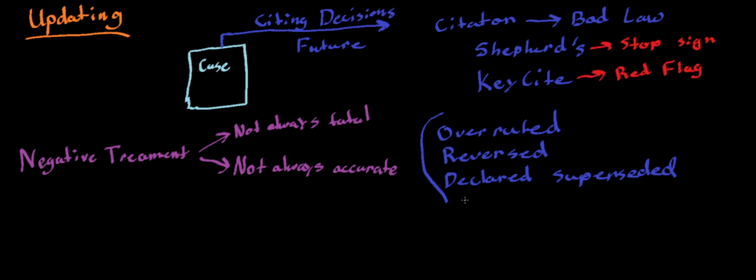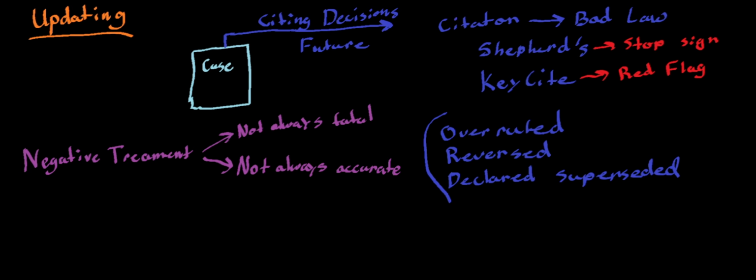Oftentimes statutory amendments just don't give a clear indication that they are superseding a case. And it's also possible that you have an interaction between multiple statutes that don't make it self-evident that a statute is superseding a case. So I'll give you an example.